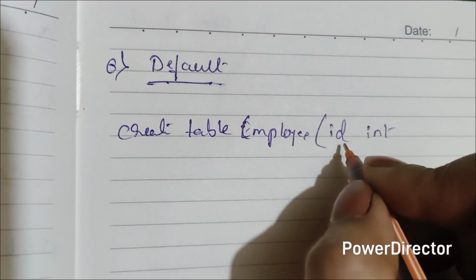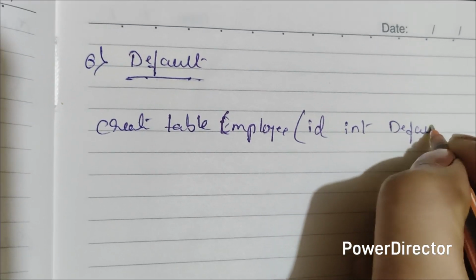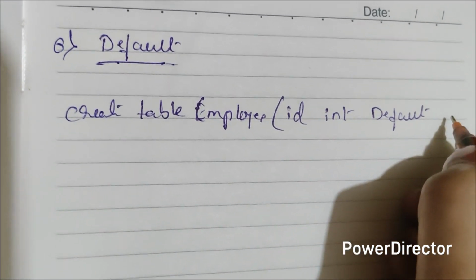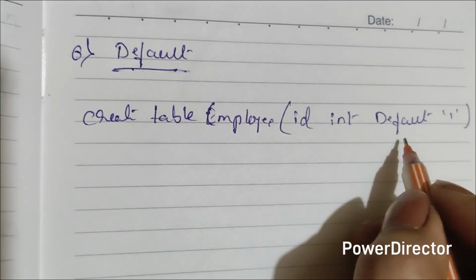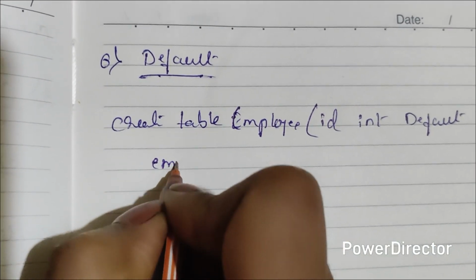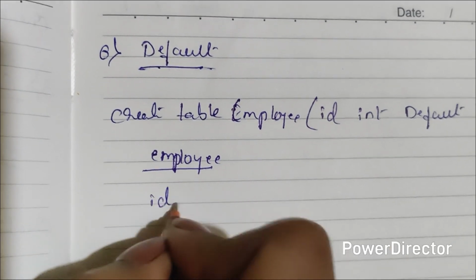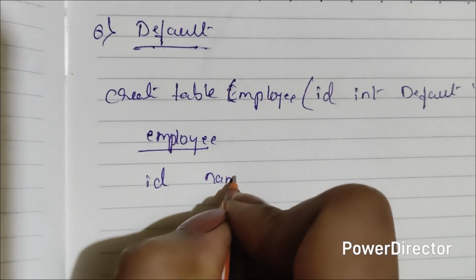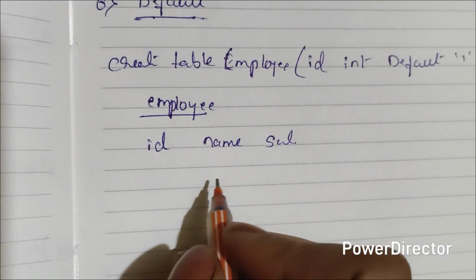Okay, ID is an integer, default as 1. Suppose if you are making this as 1, so I will write the table employee. Okay, so it is having ID, name, salary. Assume that these are all the 3 attributes.